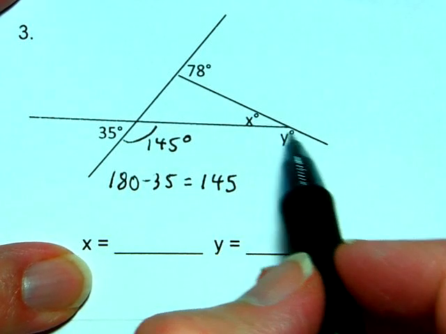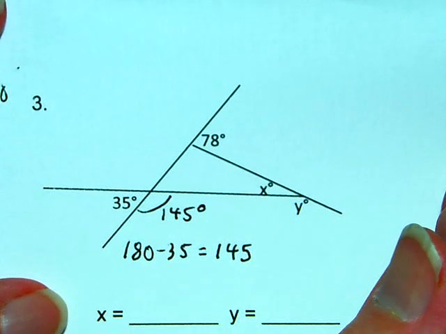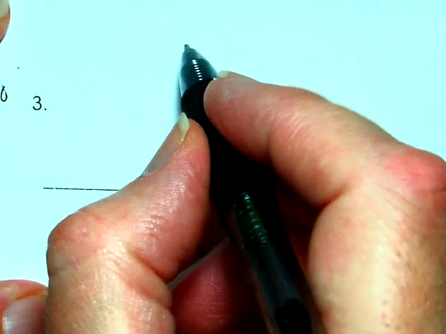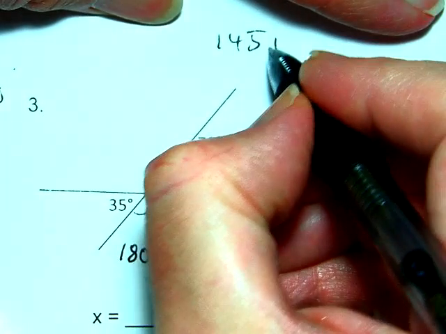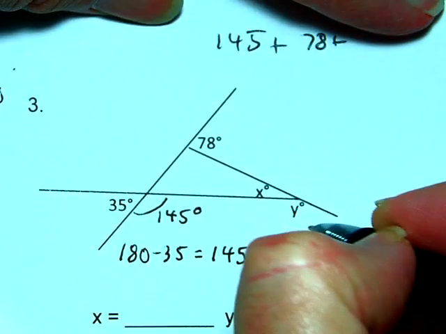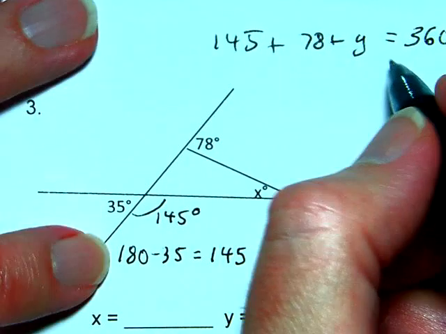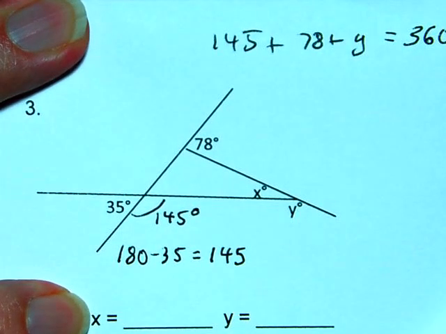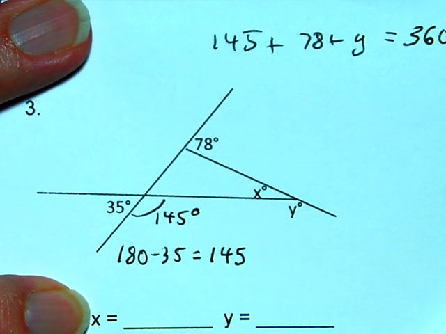We know that the sum of exterior angles has got to equal 360, so let's do this math problem. 145 plus 78 plus angle y has got to equal 360. On my calculator, 145 plus 78 is 223.